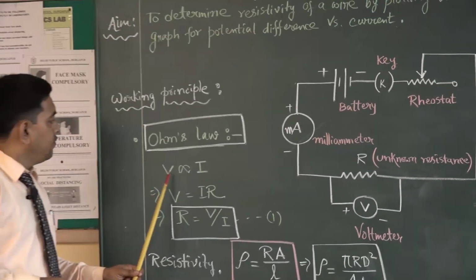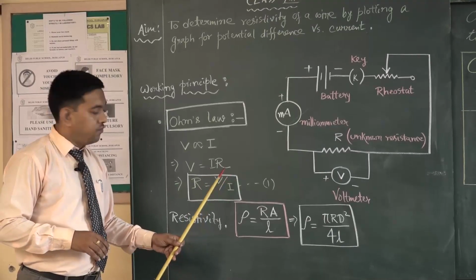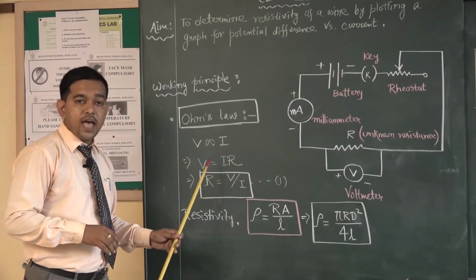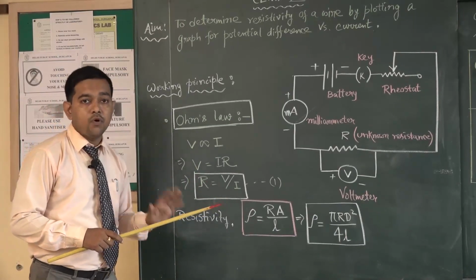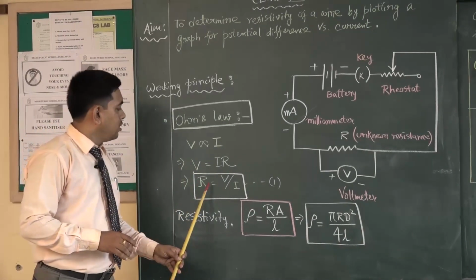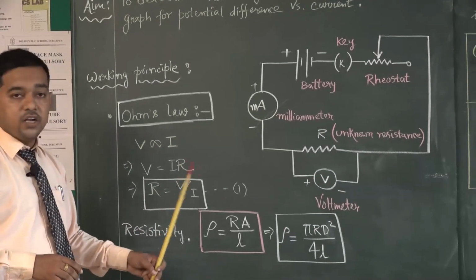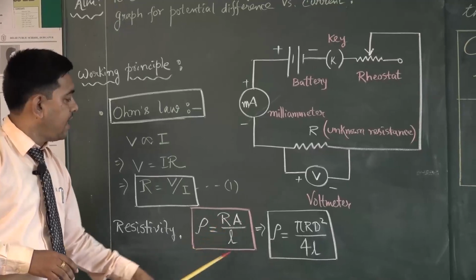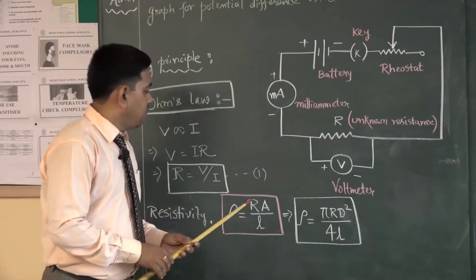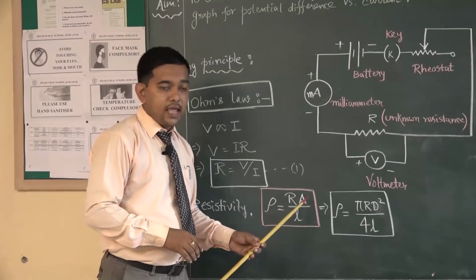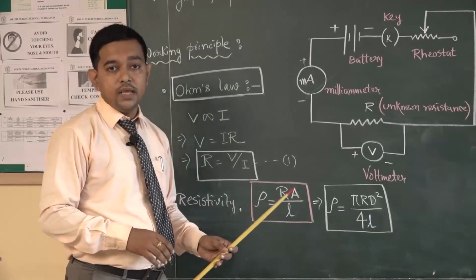From Ohm's law we get V is proportional to I, or V equals I into some constant R, which is the resistance, and we have to take care that other physical conditions, temperature and pressure, remain constant. So R equals V by I. Further, the resistivity of the material of the wire, rho, is given as RA by L. Some experimental wire will be given here, having some area of cross section A and length L, and R is the resistance to be found from the experiment.